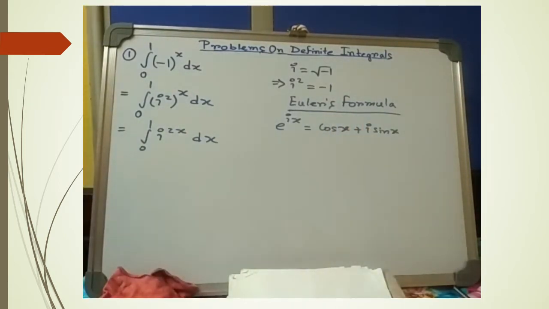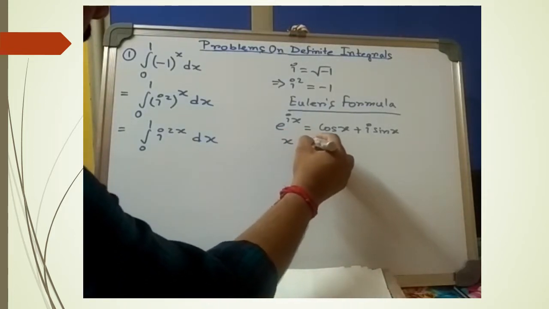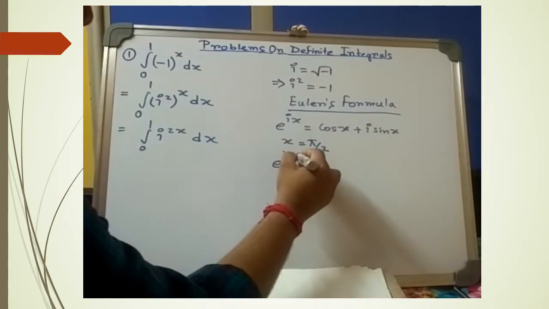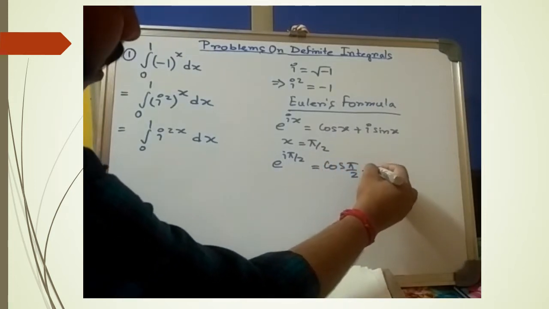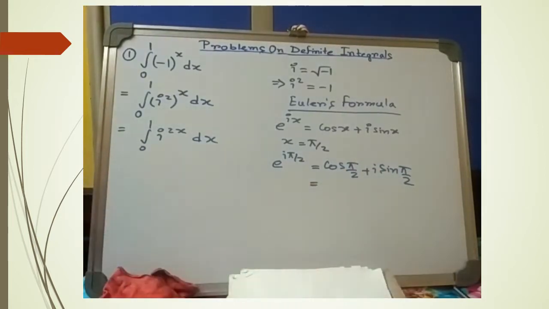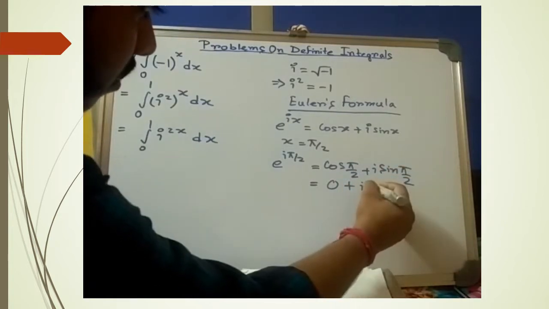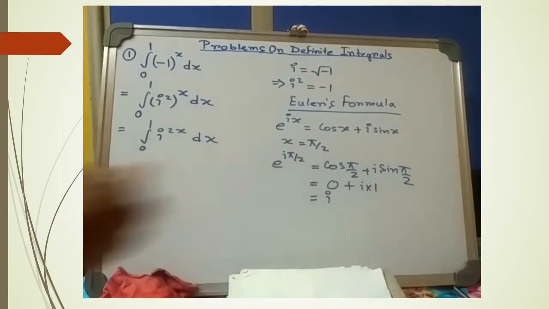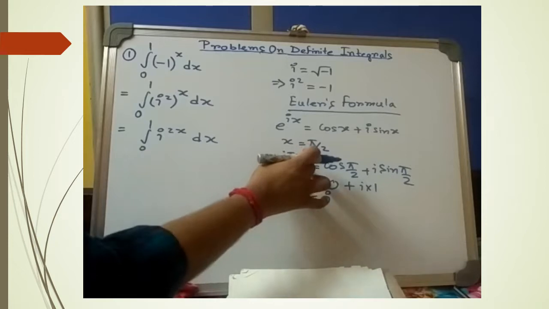So here if we put x equal to pi by 2, then we get e to the power i pi by 2 equals cos pi by 2 plus i sin pi by 2. Cos pi by 2 equals 0, plus i sin pi by 2 equals 1. So i into 1, this equals i. So here we get i equal to e to the power i pi by 2.